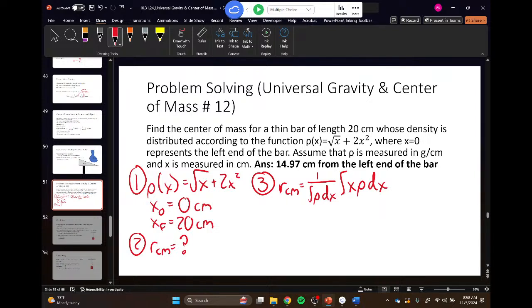What I really want to encourage you all to remember is, what is this doing? The first term is just 1 over mass. If you integrate density times where you're located, it gives you the total mass. That's the whole point of that first term. The second term weights. So this is kind of like my r, and then these two terms are my dm.